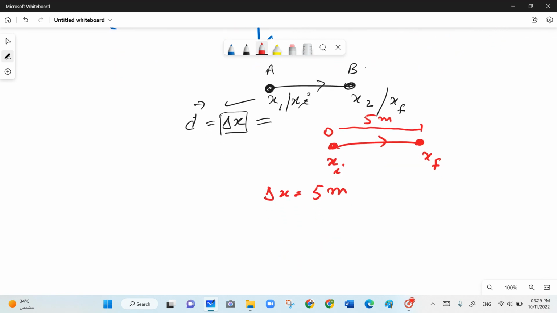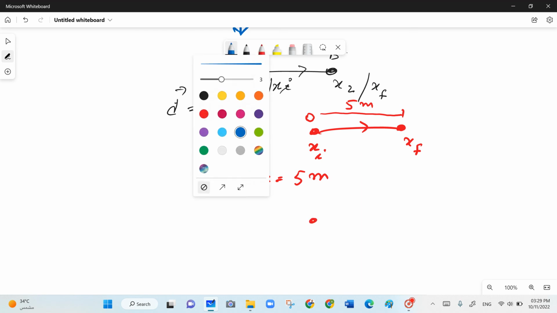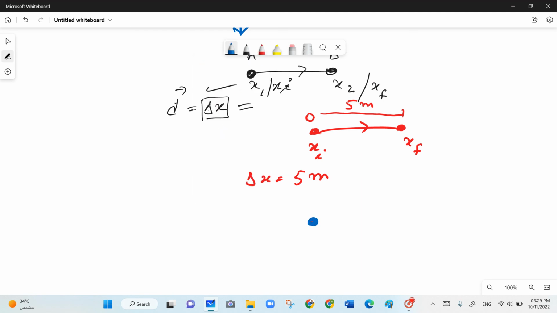But why am I telling this? Because there's a logic behind it. Sometimes students get confused, and this is the trick in such numericals. For example, this is the origin, this is point A, and this is B. The starting reference point is at 3 meter, which means 0 will be somewhere else.